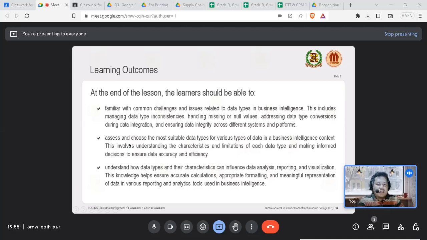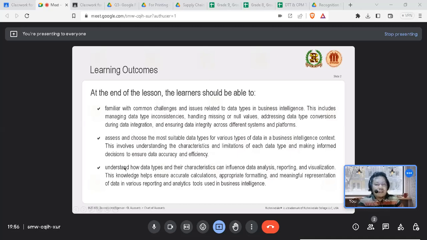Number two, assess and choose the most suitable data types for various types of data in a business intelligence context. This involves understanding the characteristics and limitations of each data type and making informed decisions to ensure data accuracy and efficiency.